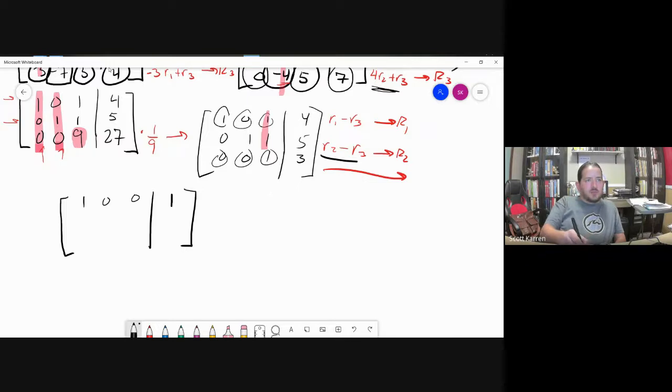Same thing here, row 2 minus row 3, 0 minus 0 is 0, 1 minus 0 is 1, 1 minus 1 is 0, and 5 minus 3 is 2. And I'm leaving row 3 alone, so 0, 0, 1, 3, and I have it. X equals 1, y equals 2, z equals 3.